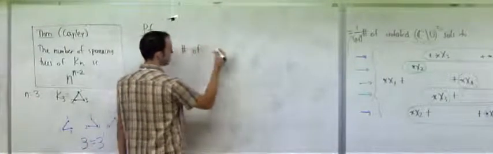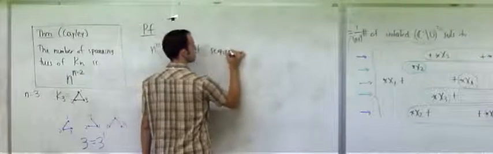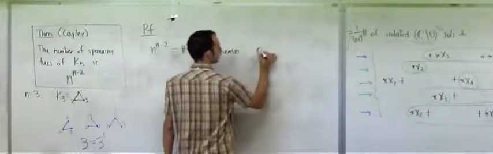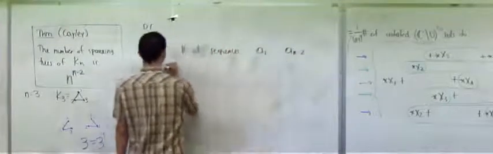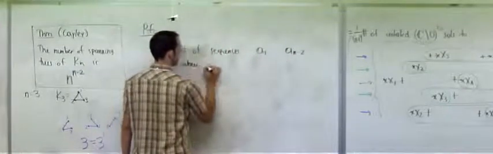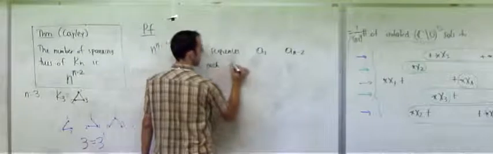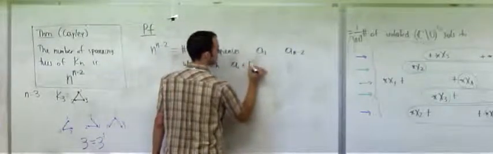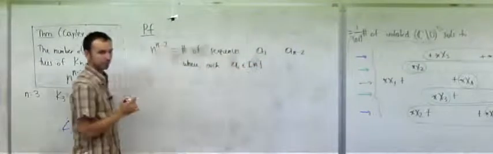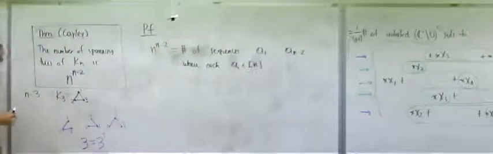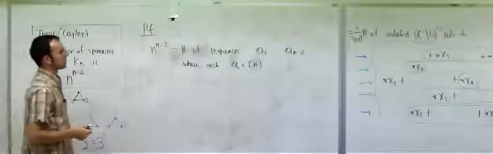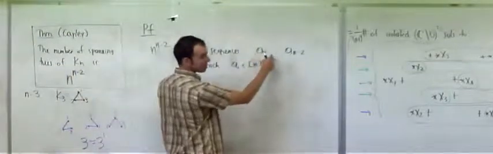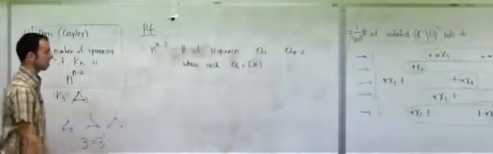Number of sequences a1 up to a(n minus 2), where each ai is a number between 1 and n. That's the simplest question that I can think of whose answer is n to the n minus 2. Because you have n choices for the first one, n choices for the second one, up to n choices for the (n minus 2)th one.